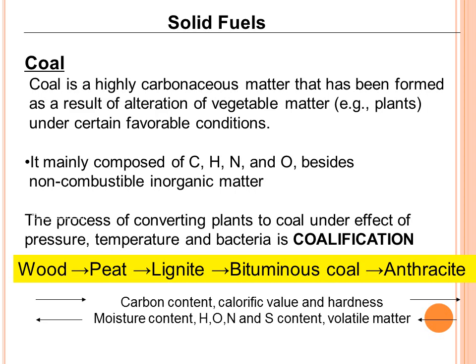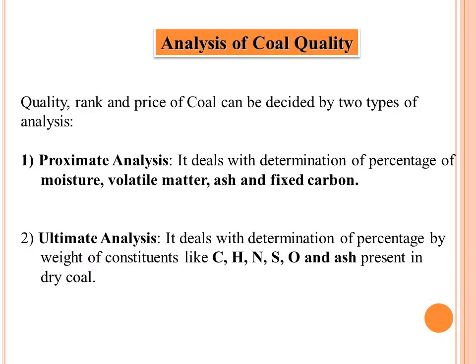Now we have to see some analyses. To decide the quality, rank and price of coal, two types of analysis can be done. The first is proximate analysis, in which we analyze the percentage of moisture, volatile matter, ash, and lastly fixed carbon.